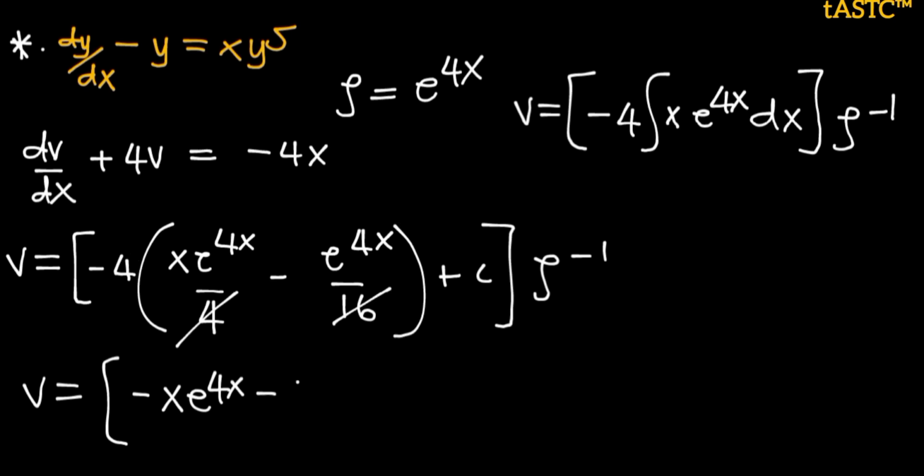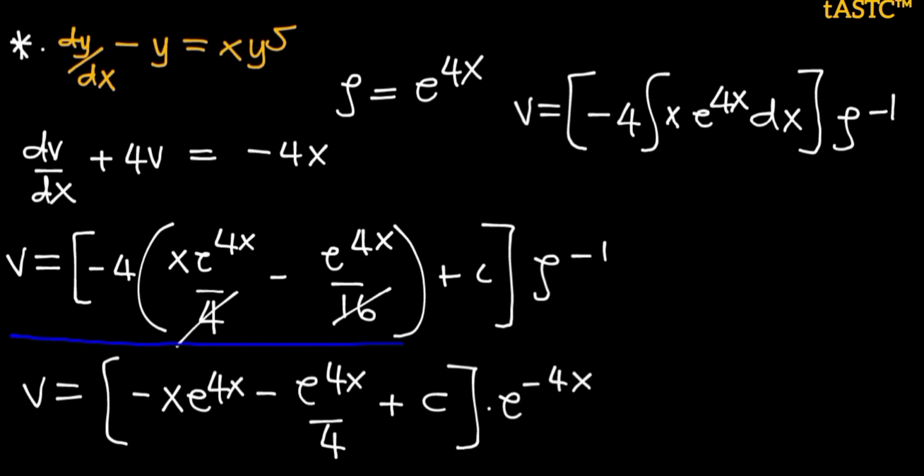So we should have e to the 4x divided by 4. And this is plus this c. And here now we should have e to the negative 4x. So this will be the answer to the question. That is the value of v. So pretty much it.